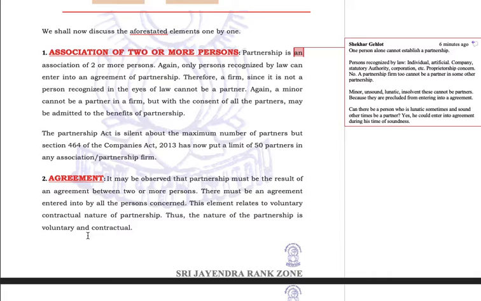An individual cannot enter into a contract with himself because he cannot make a promise and himself accept the performance of the promise. Neither can he give consideration to himself. So an agreement has to be between two or more persons. There must be an agreement entered into by all the persons concerned.